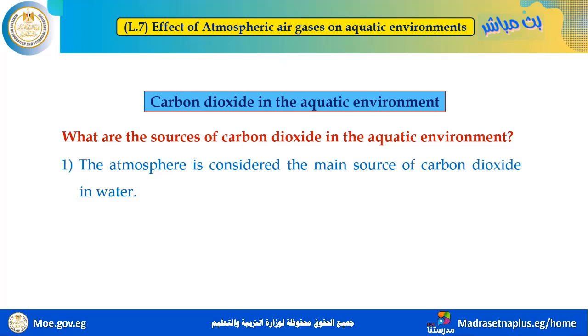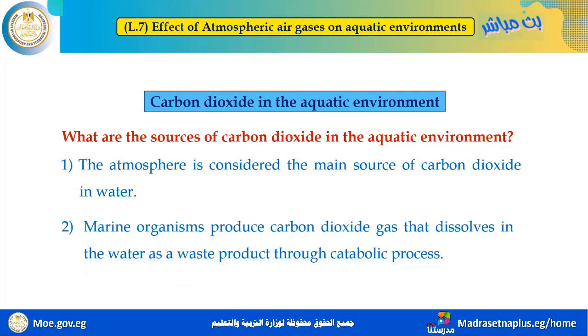First, the atmosphere is considered the main source of carbon dioxide in the water. Also, marine organisms produce carbon dioxide gas that dissolves in the water as a waste product through catabolic process. So we have the first source, the atmosphere, and the second source, the marine creatures themselves.